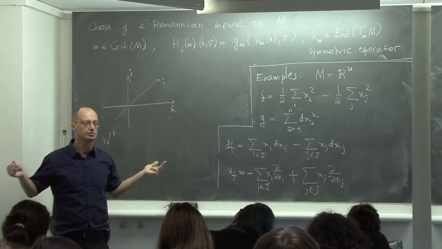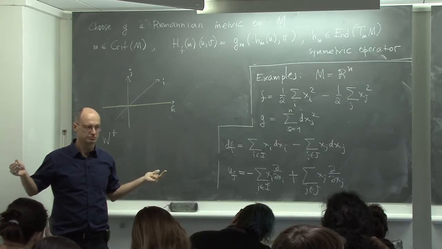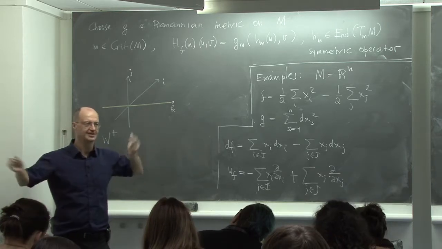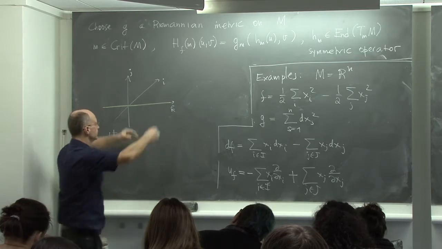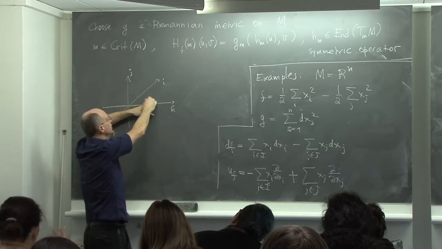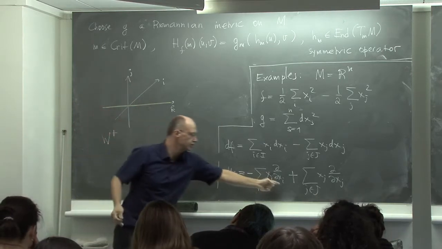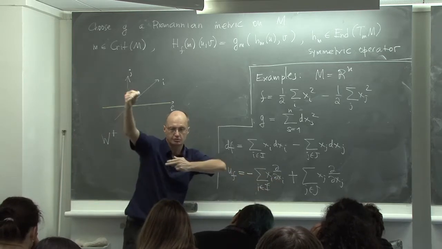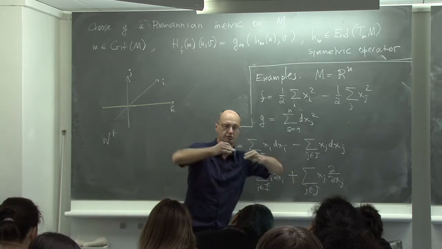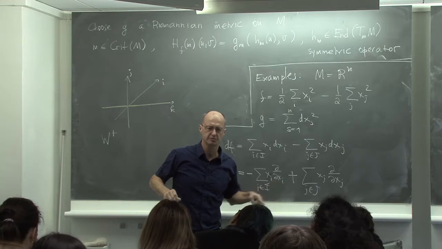How does the gradient flow look? It is contracting along the I coordinate and expanding along the j coordinate. You can write it down: exponential decay along the i coordinate and exponential growth along the j coordinate. Does everybody follow me, or should I write it explicitly?